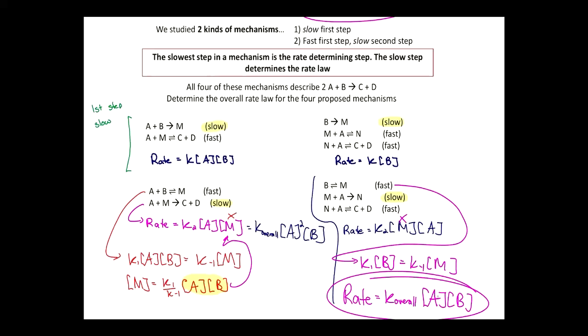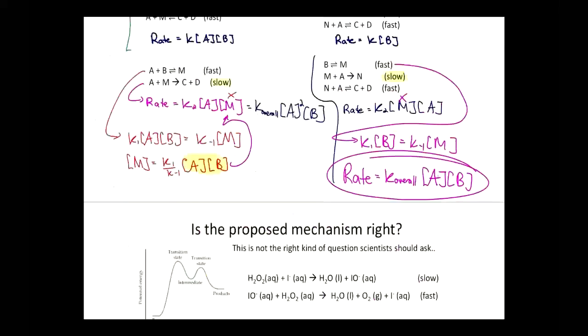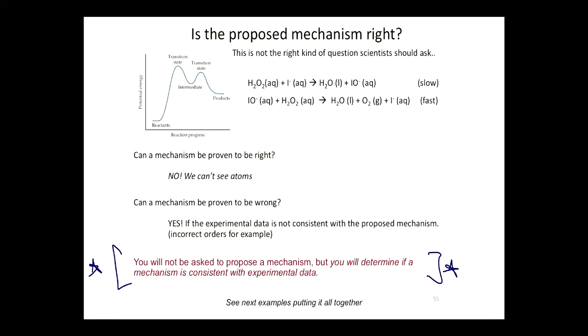So here you might be scared sitting there, oh my gosh, do I have to figure out a mechanism on an exam? No, you don't. No, you don't. So what I have starred here is that you will never be asked to propose a mechanism. Instead, what I have you do is I give you a mechanism and I ask you, is this mechanism consistent with this rate law or something, all right?